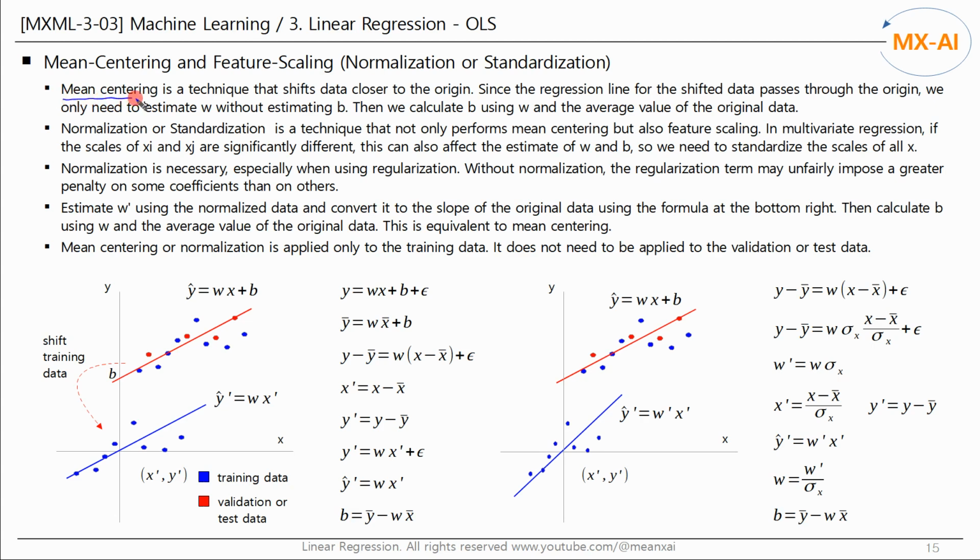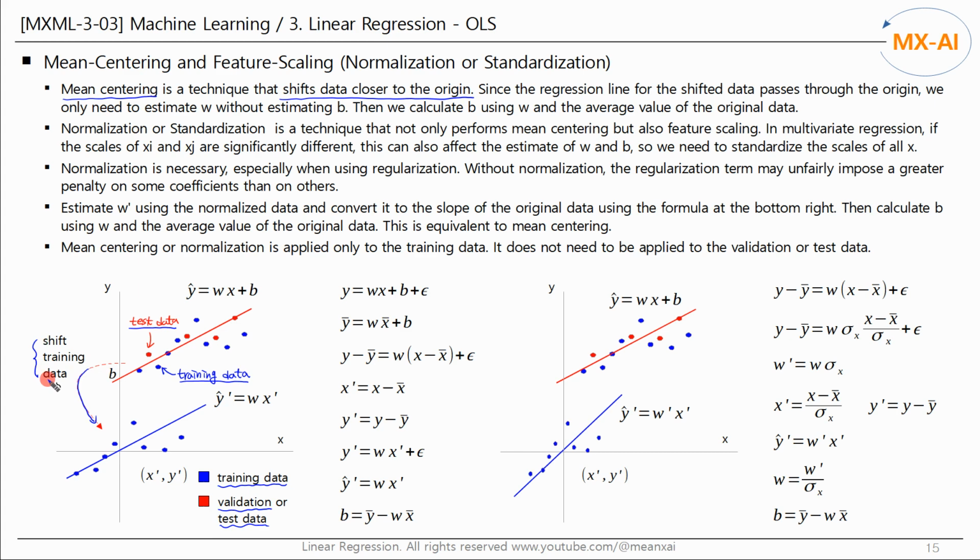Mean centering is a technique that shifts data closer to the origin. Let's look at the example below. We have training and test data like this. Blue dots are training data, and red dots are validation or test data. Shift the training data closer to the origin like this.